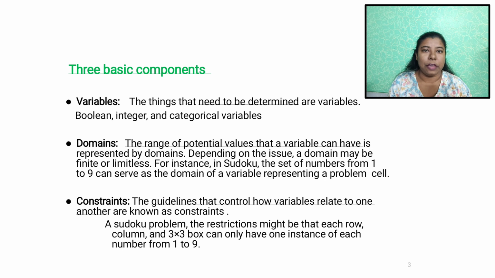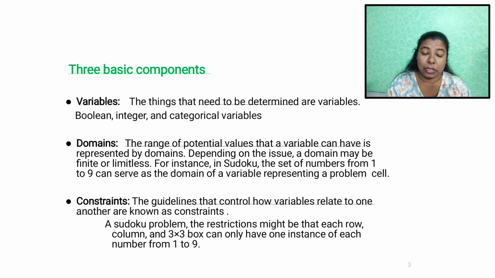A simple example, if we have a game, suppose Sudoku. For that we have the rules. What are the rules? The rules are that we are only allowed to use the numbers 1 to 9. Now if we have a 3 cross 3 matrix Sudoku, that means in each of the 3 lines we have different numbers that cannot be repeated once again.